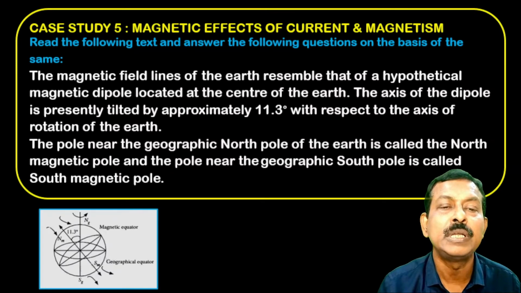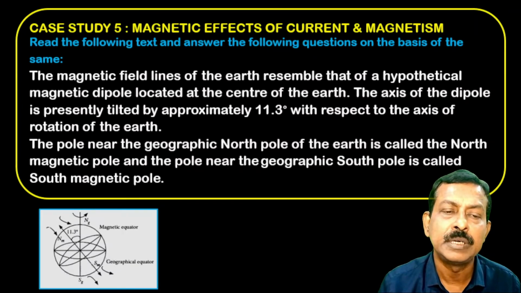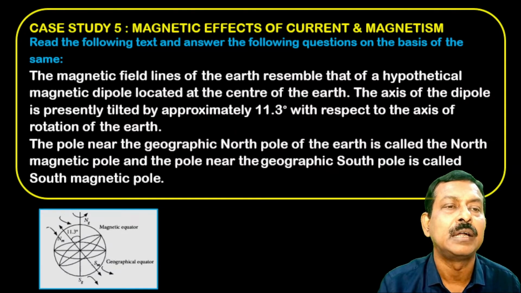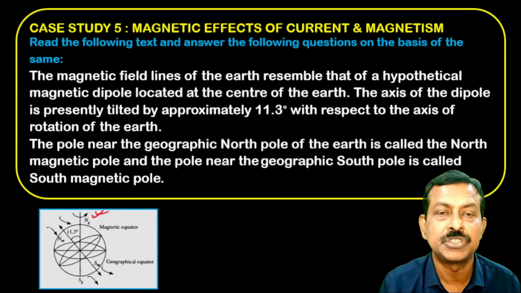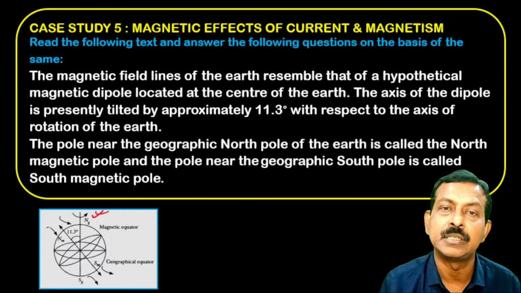The pole near the geographic north pole of the Earth is called the north magnetic pole, and the pole near the geographic south is called the south magnetic pole. This is one diagram they have given, and in this diagram you can see the tilting, the 11.3 degrees with respect to the axis of rotation of the Earth.